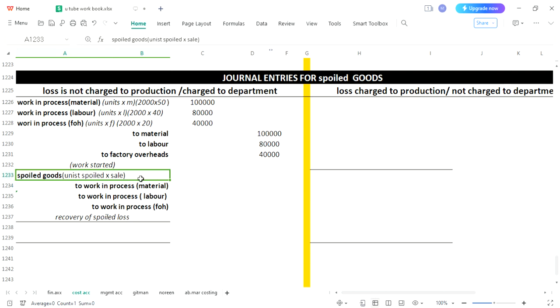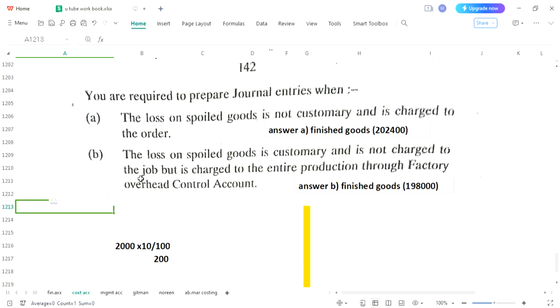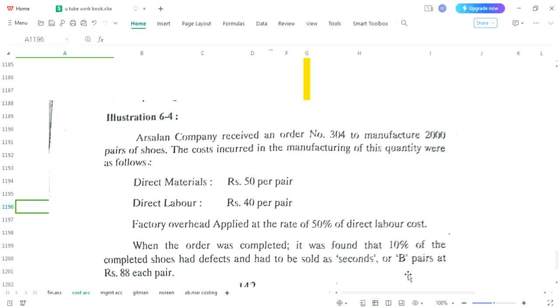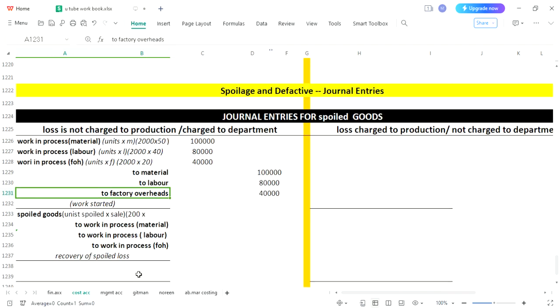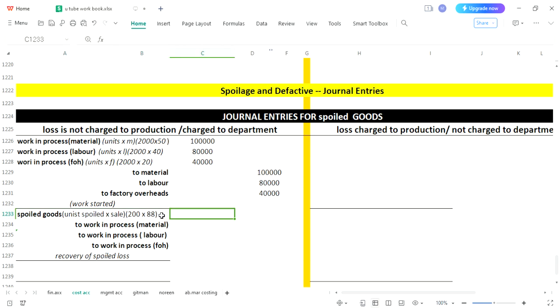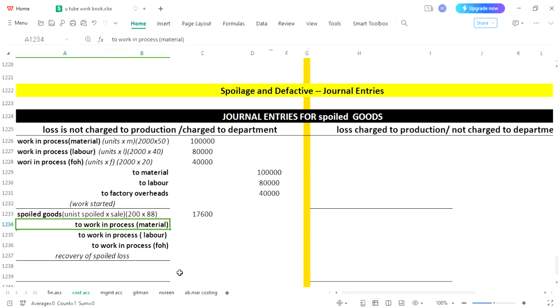We will apply this formula over here. And what is the selling price? Again go back to the question, and these were sold as second B pair at 88. So 88 per unit is the selling price, so you will put 88 over here. Finally we can calculate the amount: 200 multiplied by 88. The amount of spoiled goods has arrived.